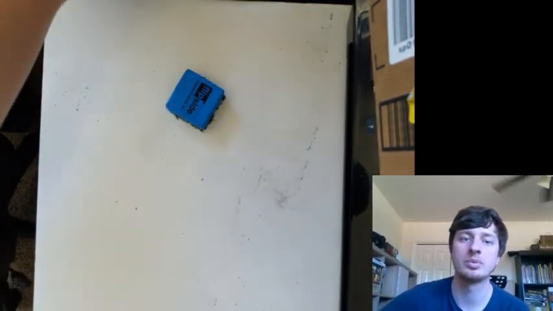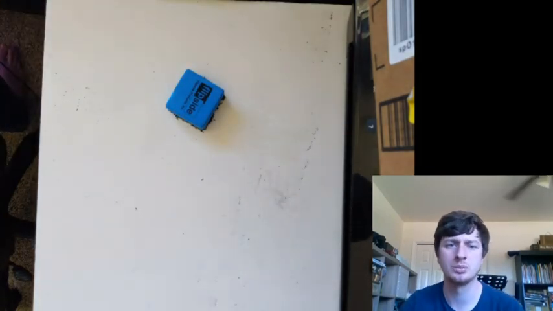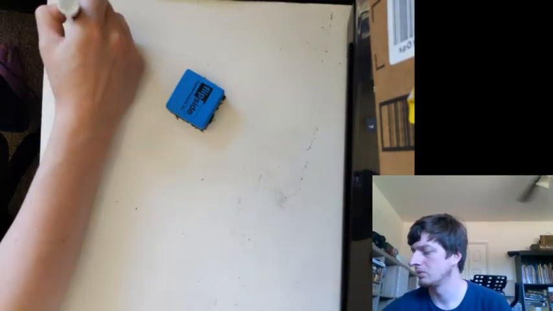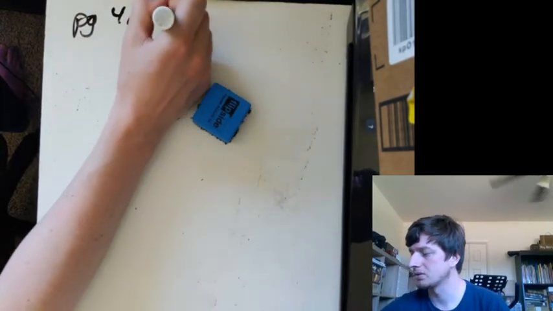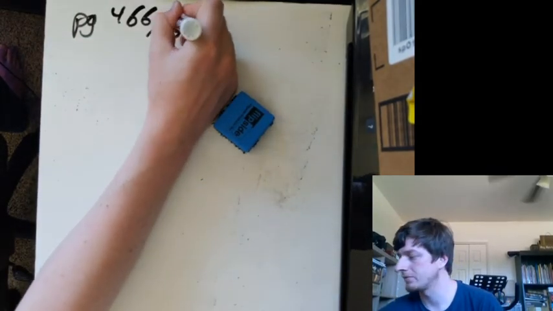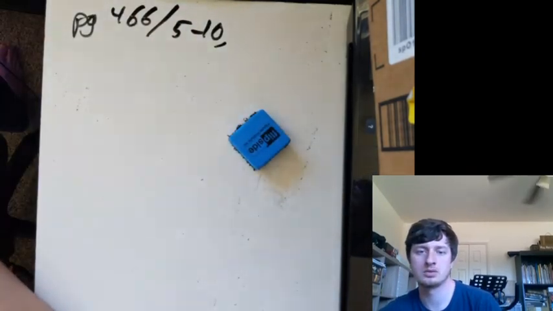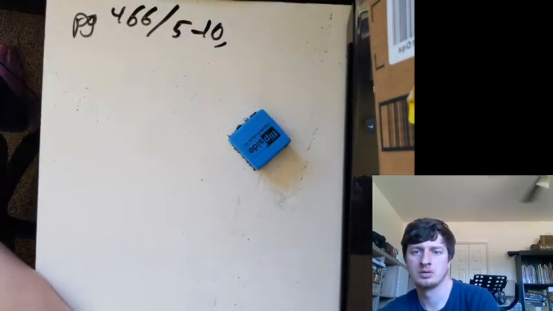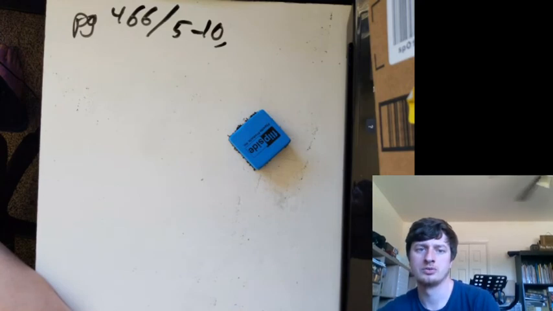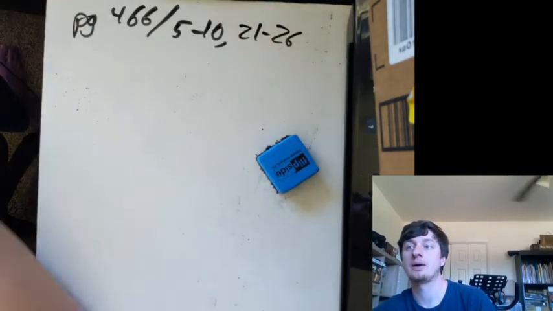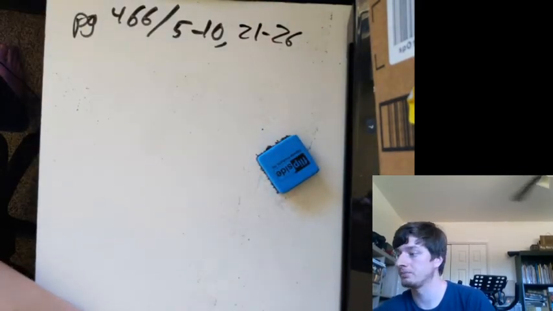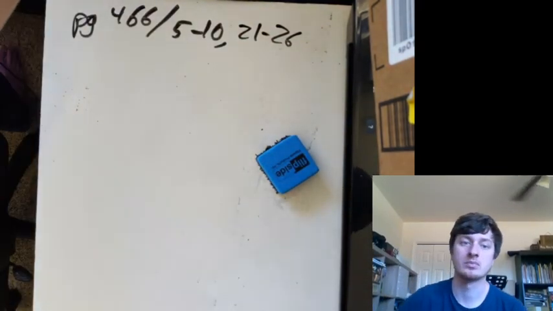Alright, so your practice from the book is going to be page 466, 5 through 10, and 21 to 26. Okay, so that would be the homework that I would normally assign.